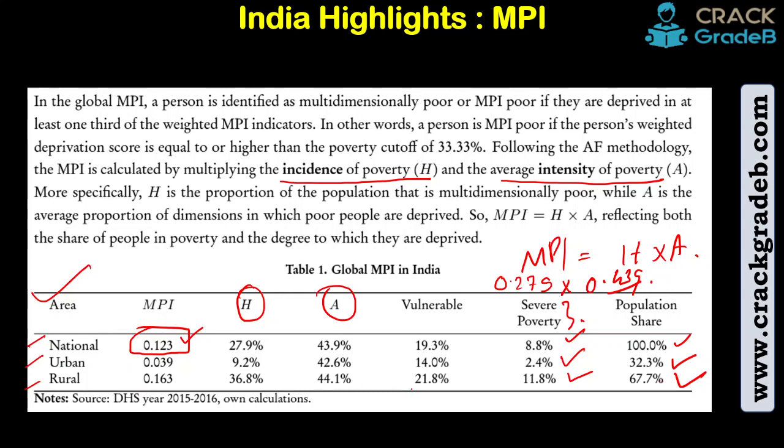Here you see the vulnerable data. Vulnerable for rural is 21.8%, for urban it's 14%, and for national it's 19.3%.